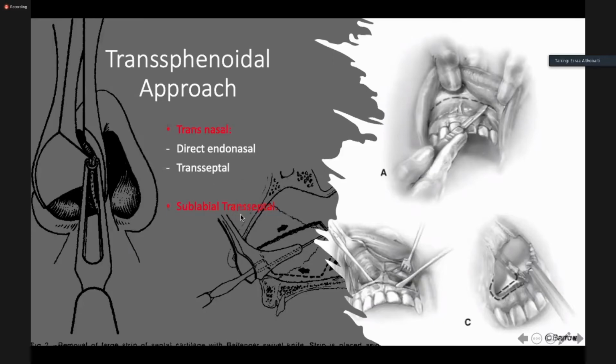Or sublabial transseptal, same as transseptal, but the incision here will be done in the sublabial area. Then we will reach the septum, do a septoplasty, then reach the sphenoid sinus.